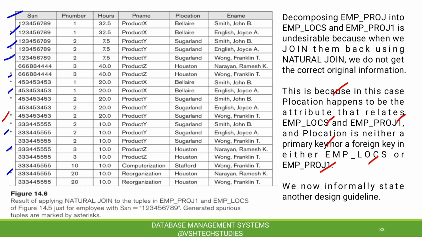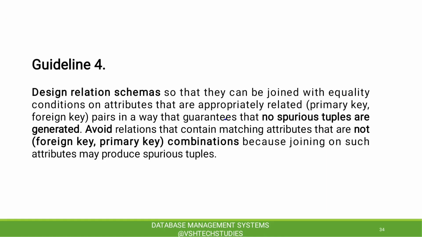So to avoid this, we formulate one more guideline, that is guideline number 4. Guideline 4 states: design relation schemas so that they can be joined with equality conditions on attributes that are appropriately related, primary key, foreign key pairs, in a way that guarantees no spurious tuples are generated.